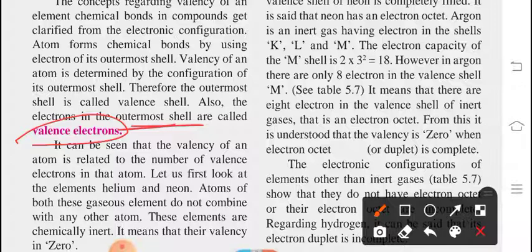The outermost shell is called the valence shell, and the number of electrons present in the valence shell is called the valence electrons.